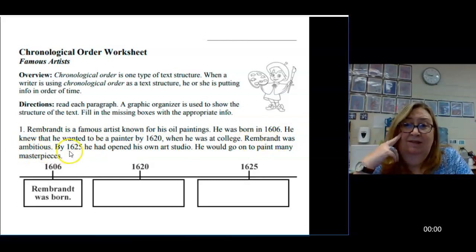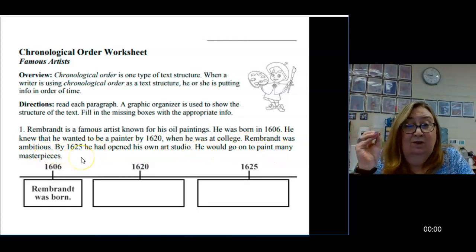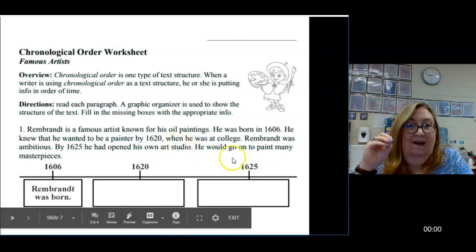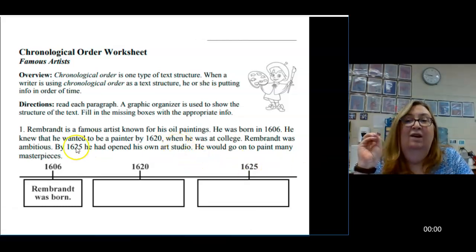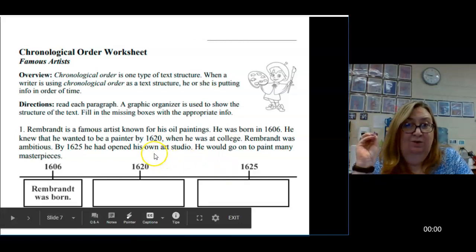Rembrandt was ambitious. By 1625, he had opened his own art studio. He would go on to paint many masterpieces. The biggest clue in this that it's chronological order are these dates. 1606 is the earliest date, he was born. 1620, he knew he wanted to be a painter when he was at college. 1625, he opened his own art studio. So that shows me the chronological order.